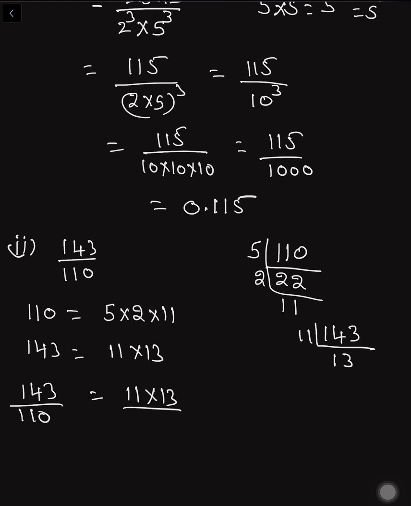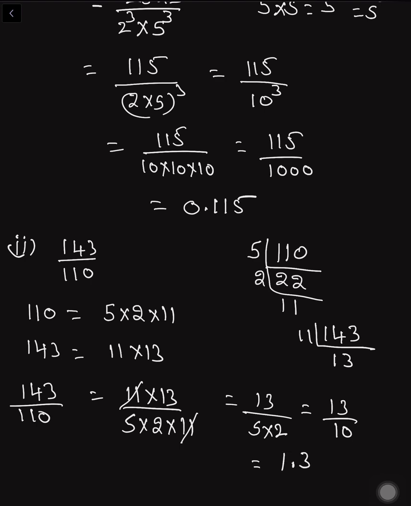Because 143 is the product of 11 into 13, and 110 is 5 into 2 into 11, cancel the common factor 11. So 13 by 5 into 2, which is 13 by 10. You have only one 0, so put the decimal after one place, counting from the units place. So 1.3. The decimal form of 143 by 110 is 1.3.